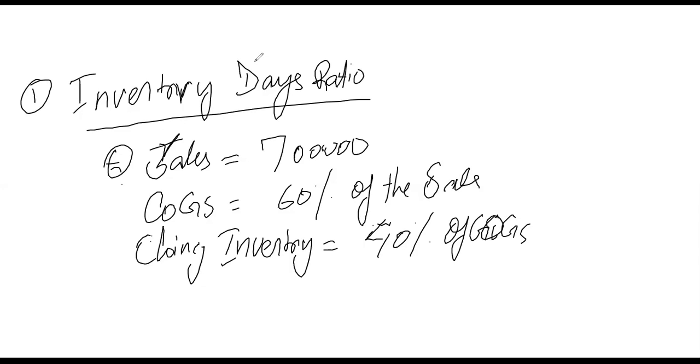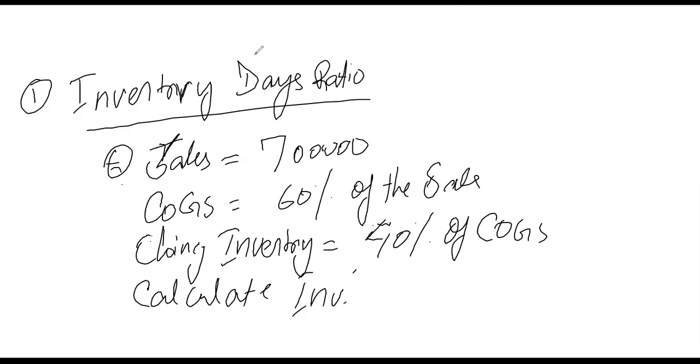The closing inventory is 40% of cost of goods sold. Now the question is asking us to calculate the inventory days ratio. So this is the simplest form of example that we can do right now.